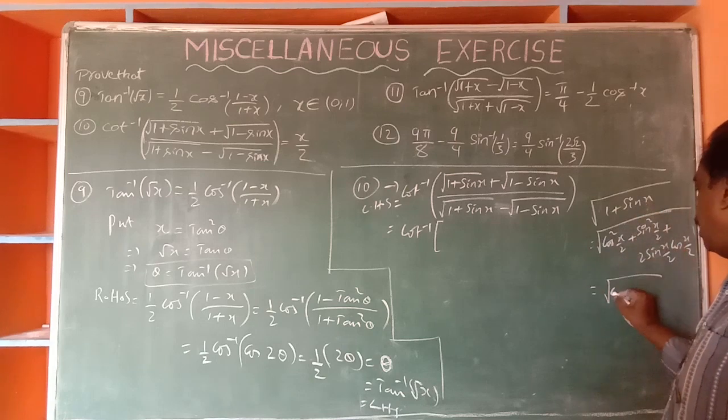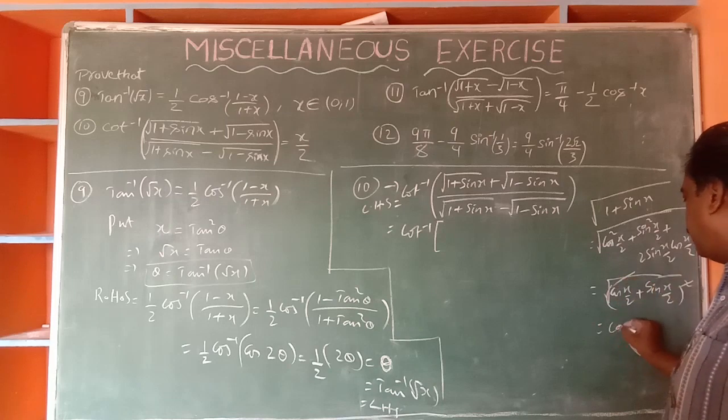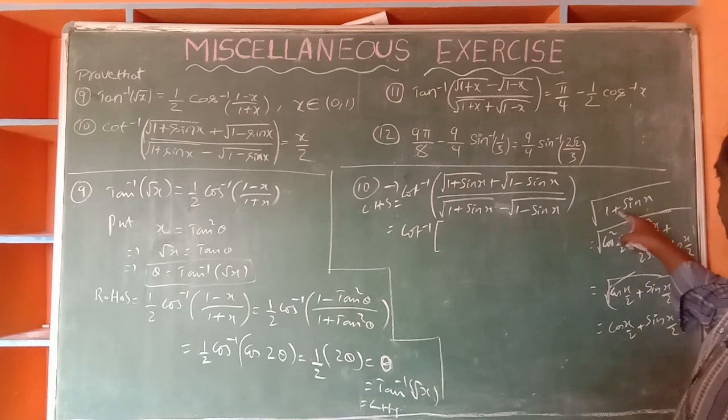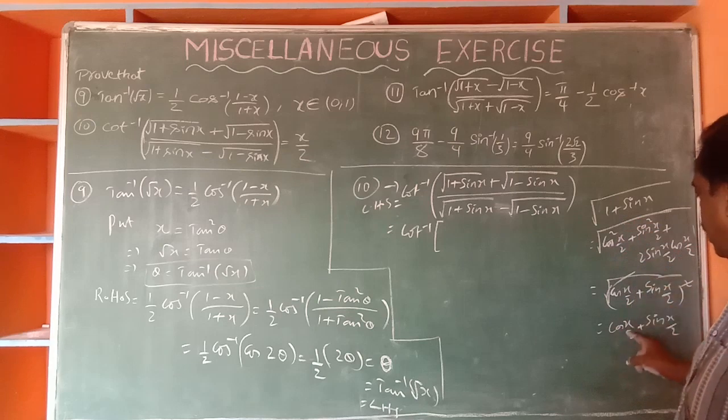It is root of cos x by 2 plus sin x by 2 whole square, the square root and square cancel. We get cos x by 2 plus sin x by 2. If it is minus, we get a minus, so the square root and square cancel and here we get a minus.